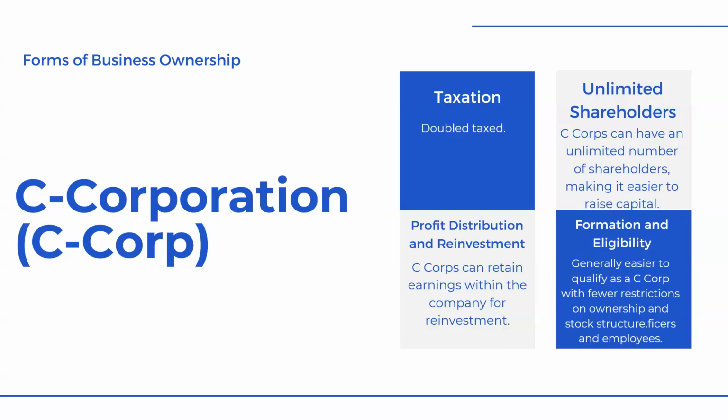Now, when it comes to formation and eligibility, when a business incorporates without selecting S corp status, it is automatically treated as a C corp. There are no restrictions on eligibility, which makes it generally easier to qualify as a C corp, with fewer restrictions on ownership and stock structure.